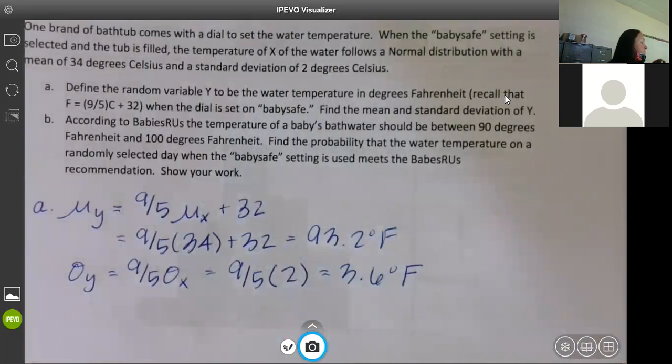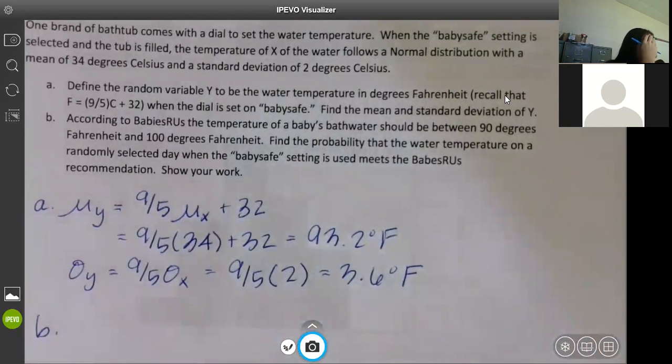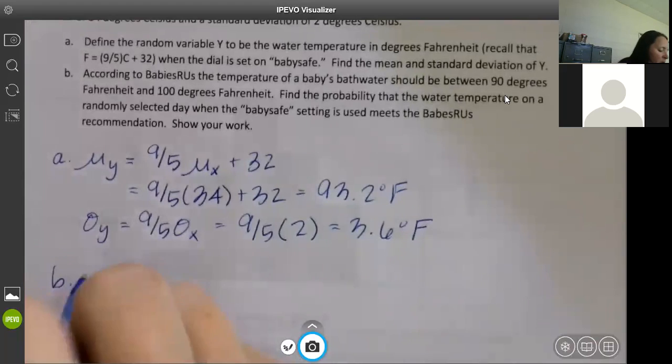That's it. Part B. According to Babies R Us, the temperature of a baby's bathwater should be between 90 and 100 degrees Fahrenheit. Find the probability that the water temperature on a randomly selected day when the baby safe setting is used meets the Babies R Us recommendation, and show your work. So what is the probability that we're looking for?